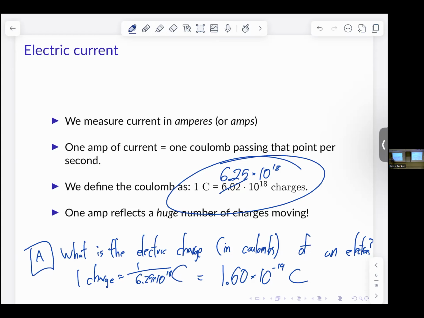Questions from anybody? Yeah. Negative. So I say one fundamental charge is this many coulombs, one electron is negative that. Please take note: an electron is a negative charge.